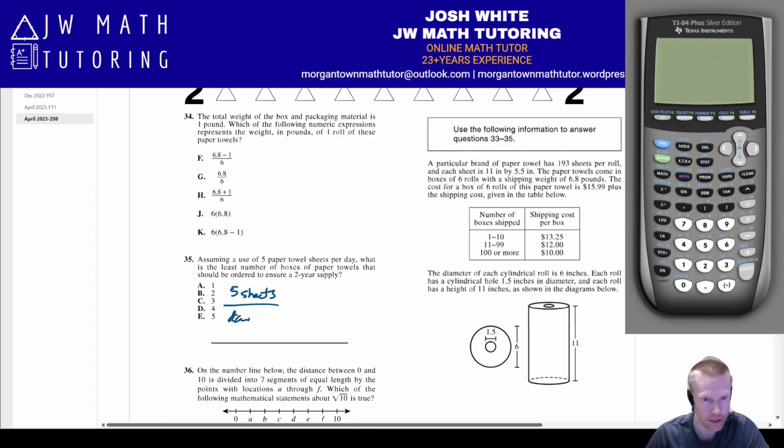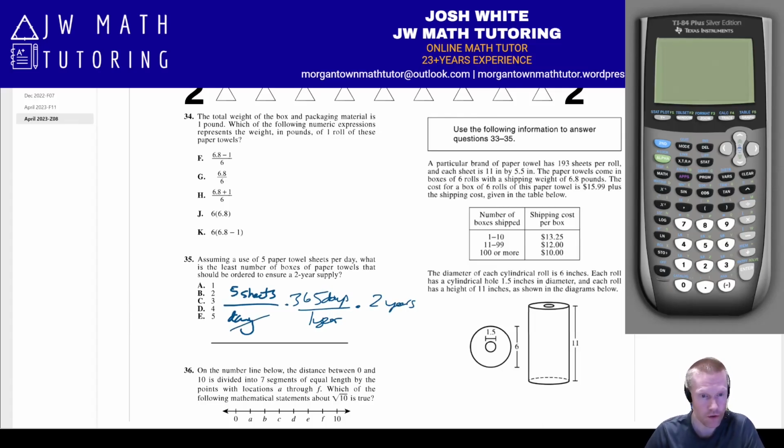We've got 5 sheets per day, multiplied by 365 days per 1 year, and then we want 2 years. Days cancel out, years cancel out. Multiply all these values together and we should get 3,650 total sheets. That's the total number of paper towel sheets that we need for 2 years.